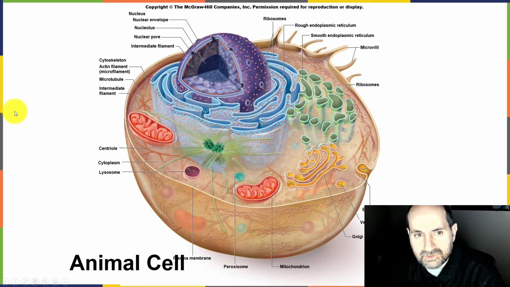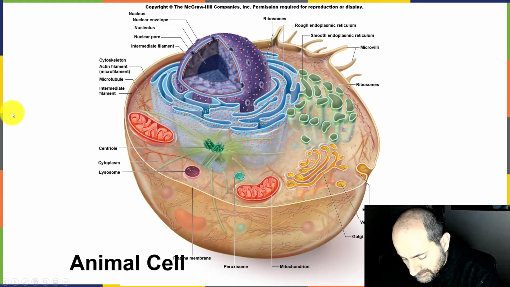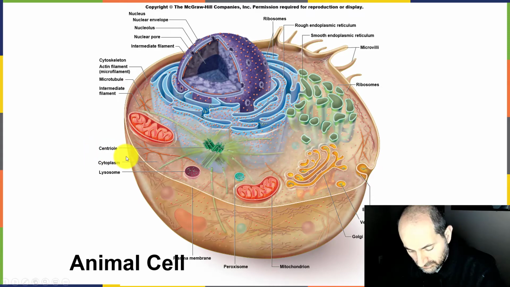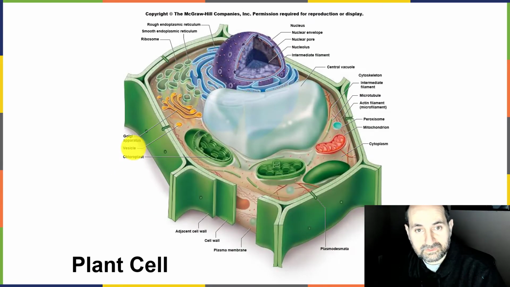But what I do want you to know in this animal cell is that animal cells possess centrioles. You see this structure here, the centriole? I want you to know that animal cells possess centrioles, but plant cells do not. You see, the plant cell does not have centrioles.